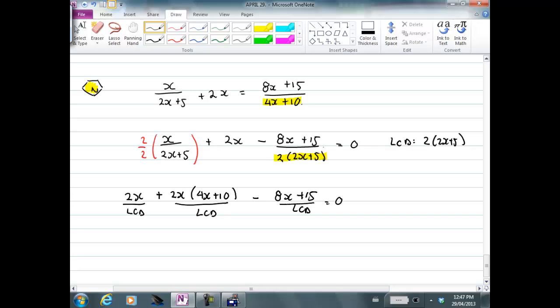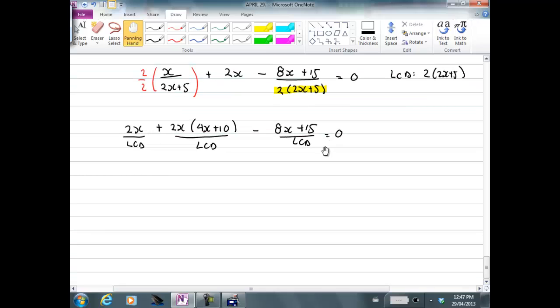So what I'm going to do is merge everything together as one nice fraction, and I can get rid of the LCD after that. So that becomes 2x plus 8x squared plus 20x. Here's where you've got to be careful: minus 8x minus 15. You could do whatever you like.